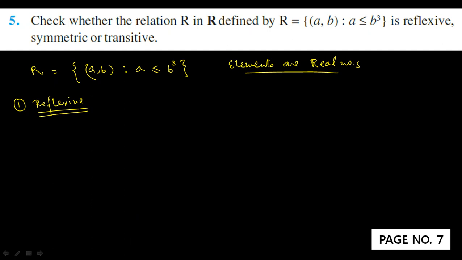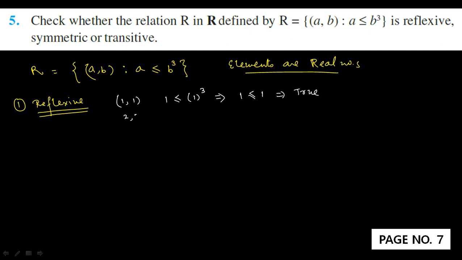If I am talking about the same values, if I am writing 1, 1 for reflexive, 1 less than equal to 1 cube, or I can write 1 less than equal to 1. This one is true.